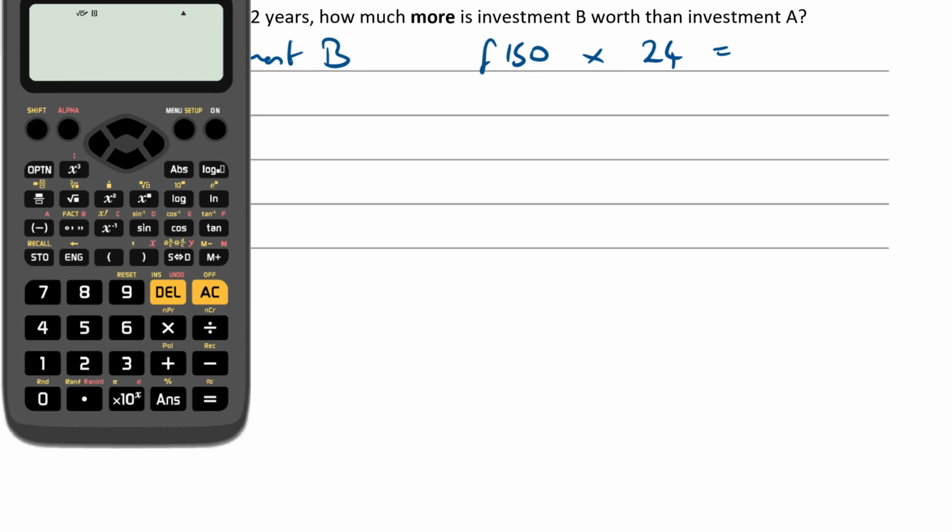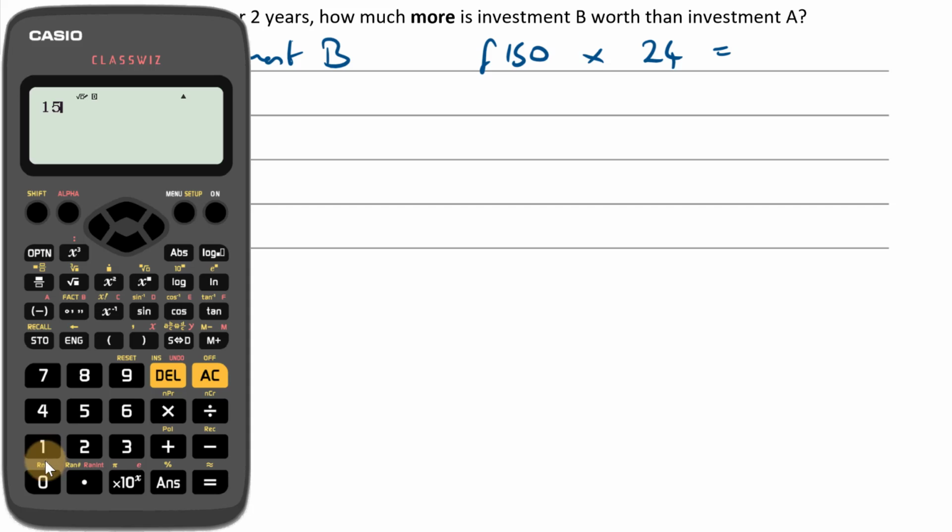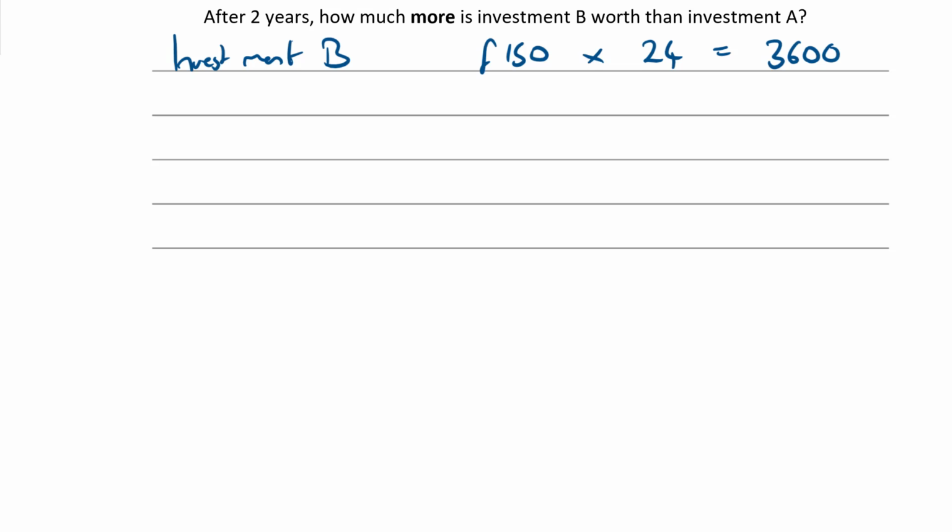So 150 times 24 comes out to be £3,600. Okay, slightly more than the investment B. And then 2.5% interest is added to the total amount saved. So using our original multiplier triangle, we want to know our final amount, and that is going to be, well, if I put my thumb on F, then I can see it's original times multiplier.